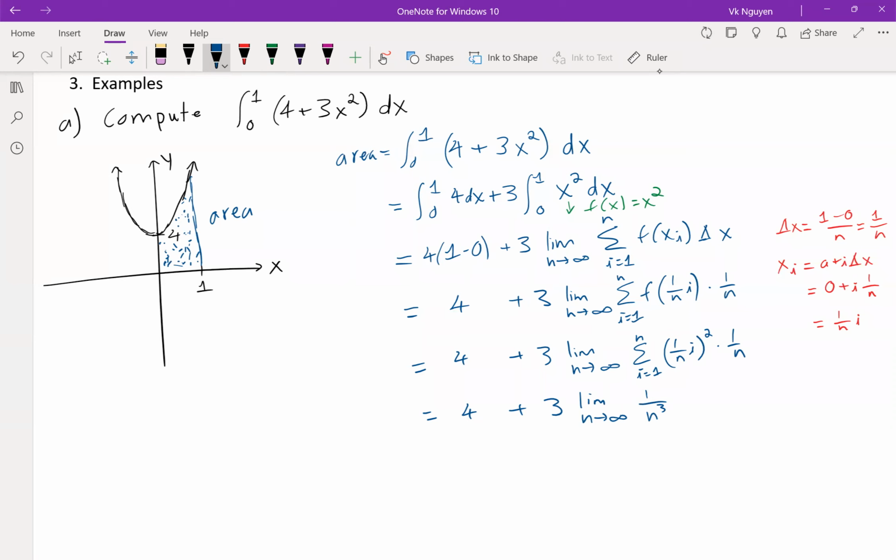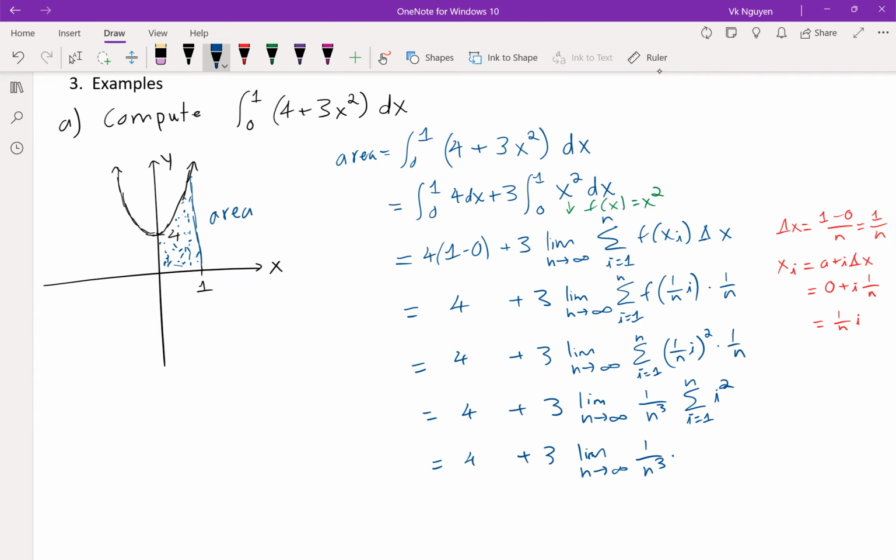Okay. And we have the summation i equals 1 to n of i squared. 4 plus 3, limit as n goes to infinity, 1 over n to the 3.